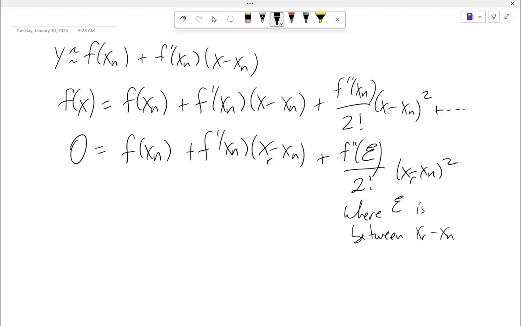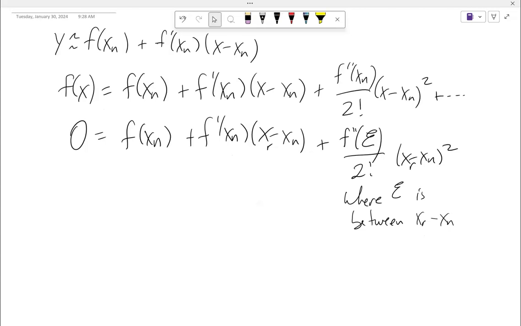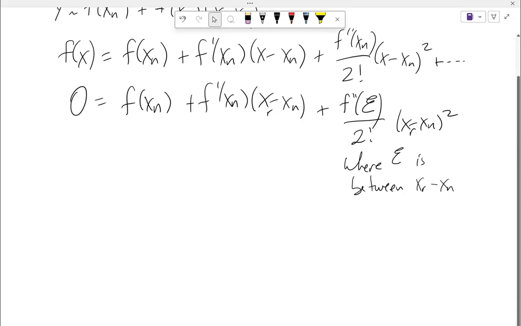Well, the error in the approximation for the next root is going to be just the difference between your guess and what the actual root is, right? We agree with that? So the error, if I use a capital E to denote the error, it doesn't matter what the subscript is.